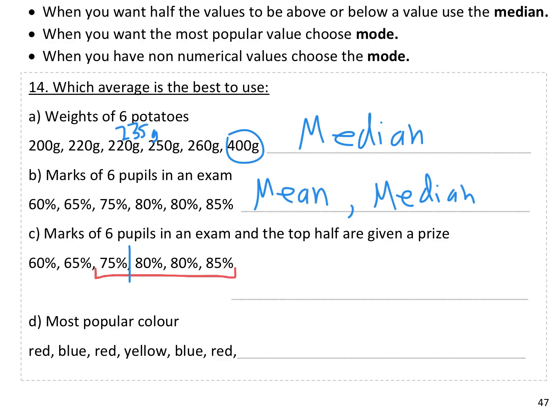Halfway is using the median. If you get above the median, you know you're in the top half of the class. So if you want to give prizes to the top half, you know what the median is, you get the pupils who got above that median. Another good example is if you want to know if you're in the top half of the class height-wise, if you know the median height, if you're above it, you're definitely in the top half.